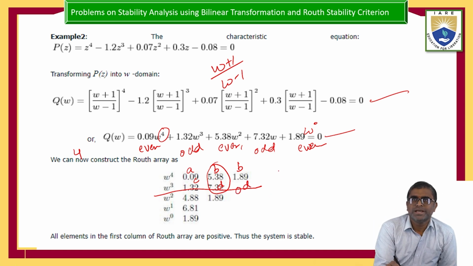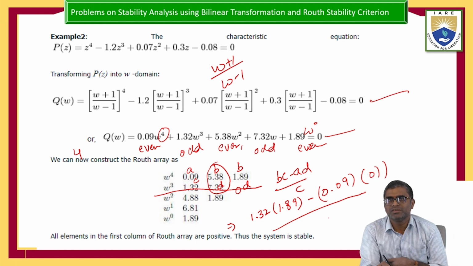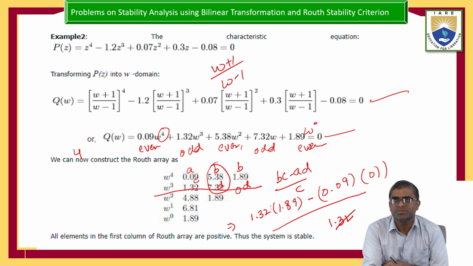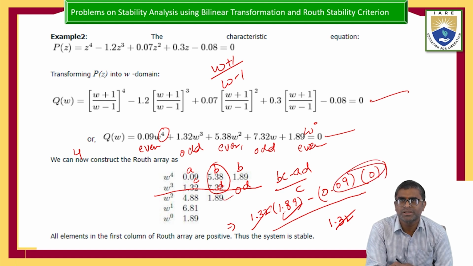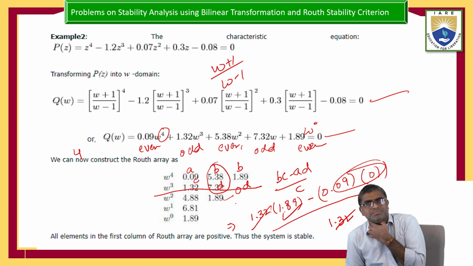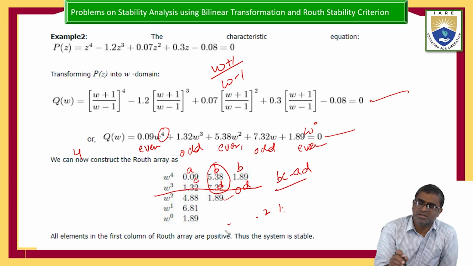So BC minus AD by C: 1.32 into 1.89 minus 0.09 into 0, divided by 1.32. The 1.32 cancels, so only 1.89 remains. This is completed for omega square.